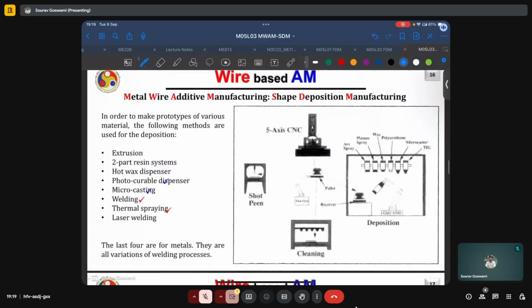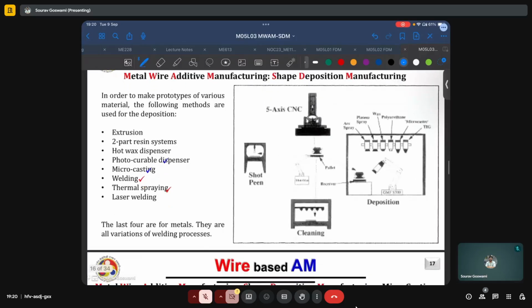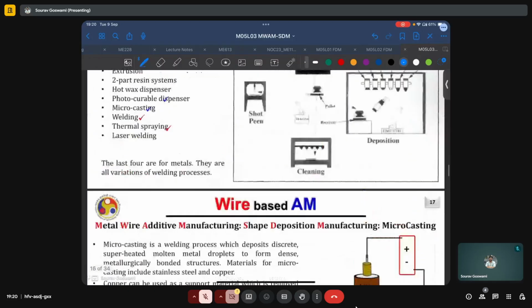Some of the various deposition methods which have been used in shape deposition manufacturing are extrusion, two-part resin systems, hot wax dispenser, photocurable dispenser, microcasting, welding, thermal spraying, and laser welding. The last four being microcasting, welding, thermal spraying, and laser welding are all some variation of the welding process.